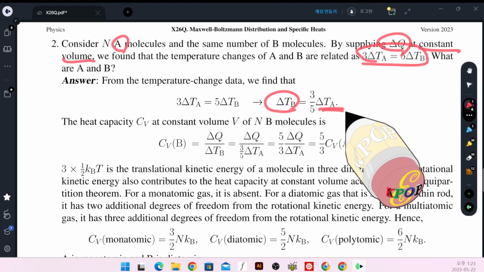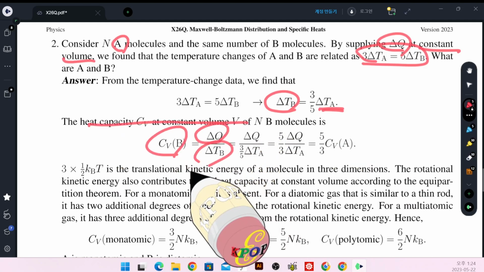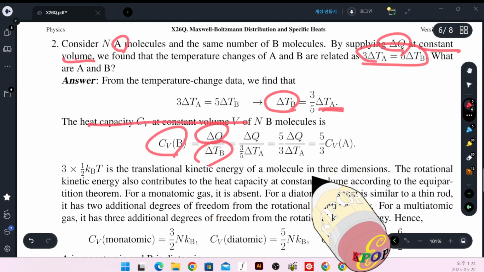The heat capacity at constant volume can be computed with the delta Q over delta T, with keeping the volume the same.